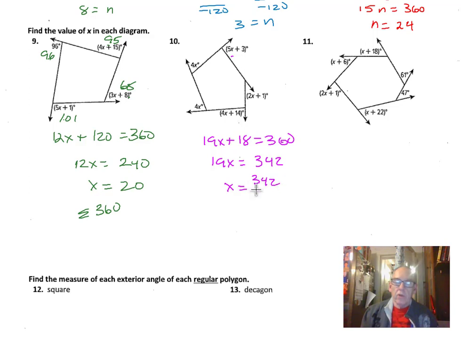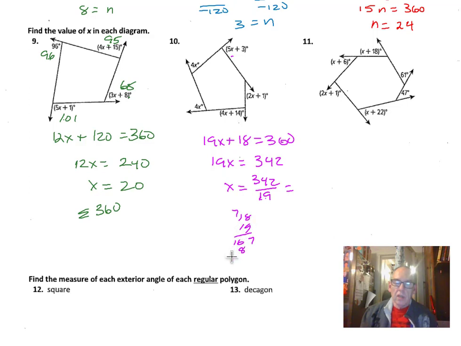We have 342 divided by 19. Let's see, 9 times 8 is 72. So maybe this is an 18. Let's see what 18 times 19 is. So we got 72, carry the 7, 9, 16.